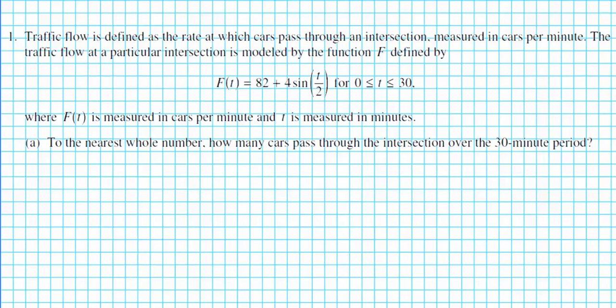Before we solve the problem, let's take a look at the formula that we're going to be using. Whenever you're working with rate and amount of quantity that flows using that rate over a period of time, think about ART.